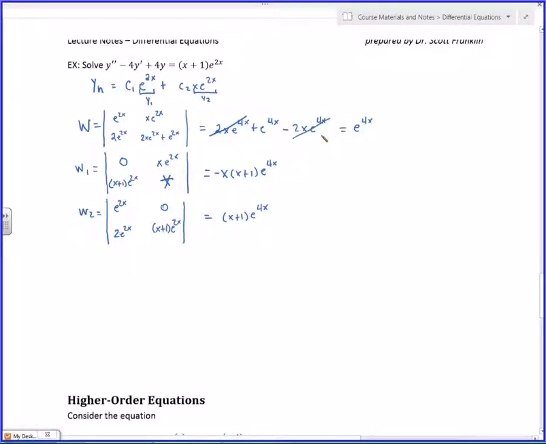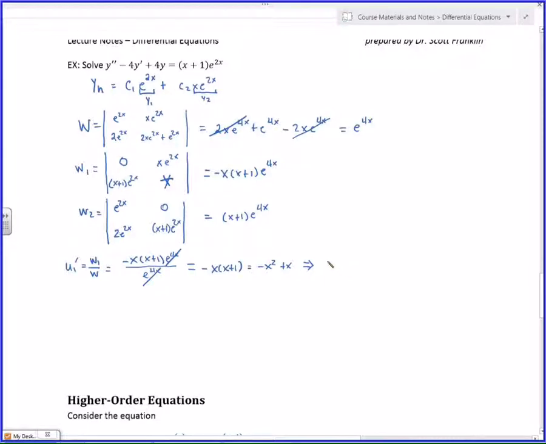Okay. So U1 prime is W1 over W: negative x times x plus 1 e to the 4x divided by e to the 4x gives me negative x times x plus 1, or minus x squared minus x.